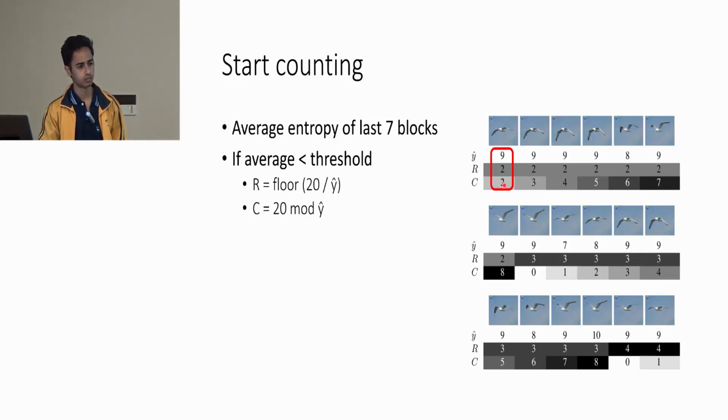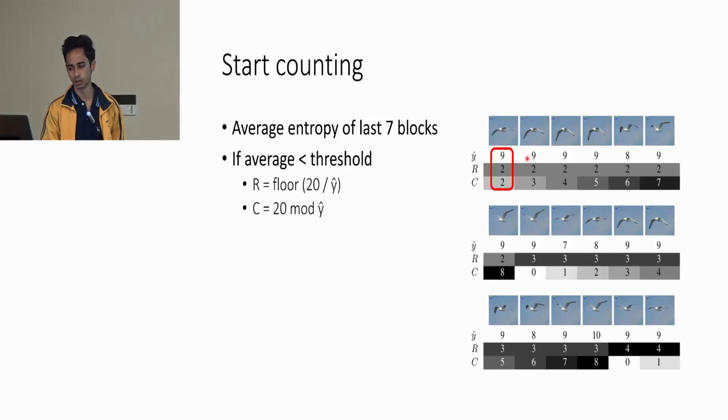So after the starting block is identified, for each valid block, the value of C is increased by 1. The value of R is only changed when C is greater than or equal to the median of the last 4 predicted cycle lengths.